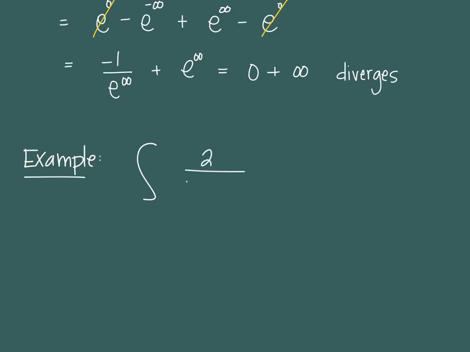this integral? Oops. 2 over x squared plus 4x plus 3 dx, going from 0 to infinity. All right, where are the discontinuities?